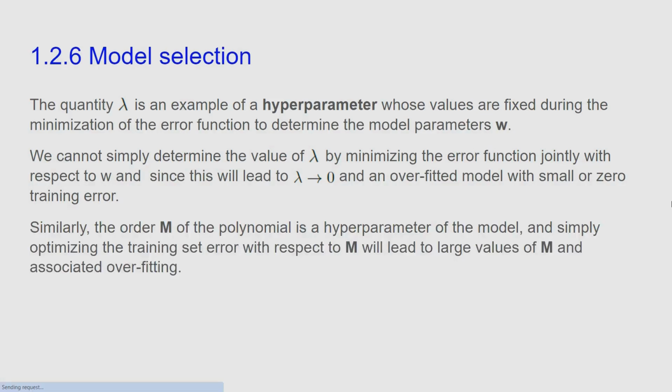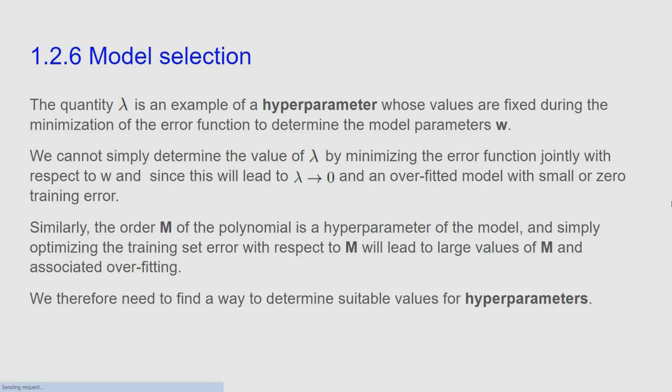Similarly, the order M of the polynomial is a hyperparameter of the model, and simply optimizing the training set error with respect to M will lead to large values of M and associated overfitting. We therefore need to find a way to determine suitable values for hyperparameters.